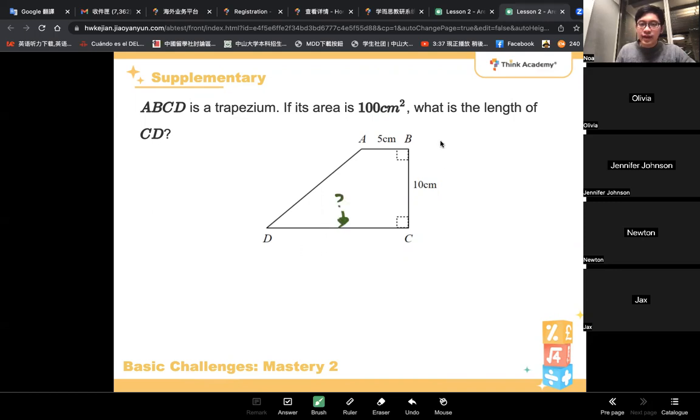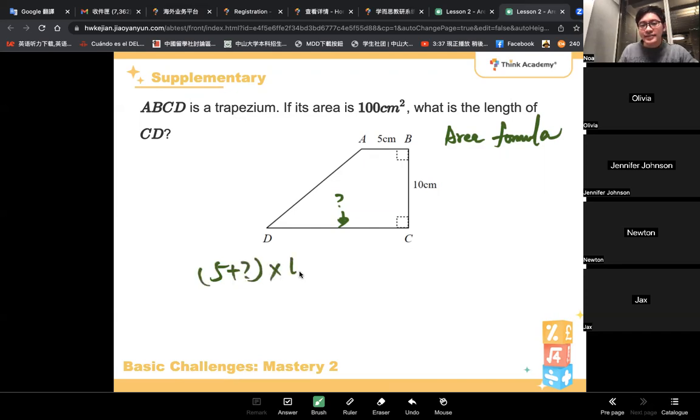Okay. So what's the area formula again for trapezium? Newton? Okay, it's the sum of two parallel sides, the top side and the bottom side.